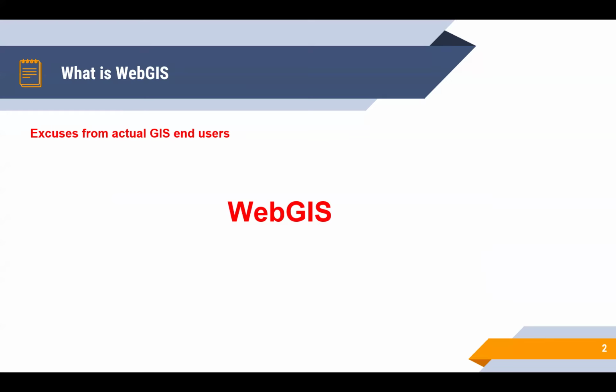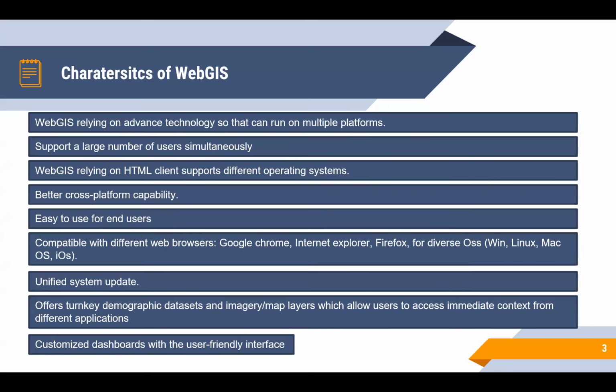That solution is that once we implement WebGIS, all your problems will be resolved. Let's suppose your team is working in many different places: that team can easily create and update data in the portal, and automatically everyone can see that particular data. So now, what are the main characteristics of WebGIS?